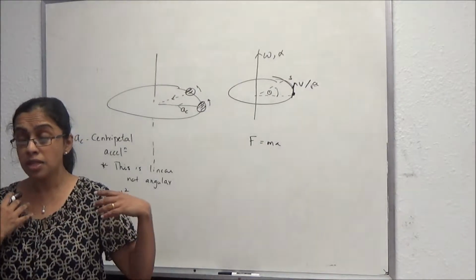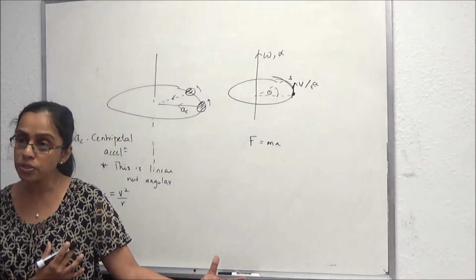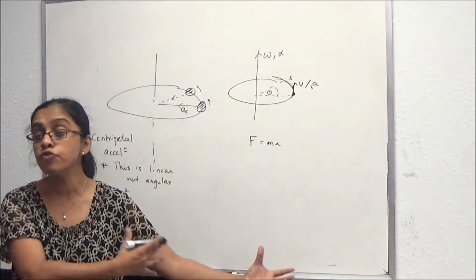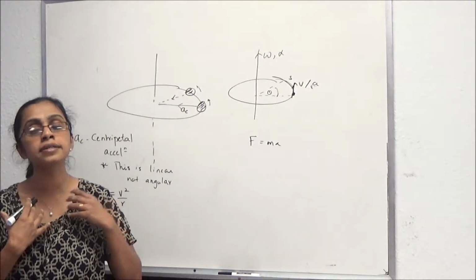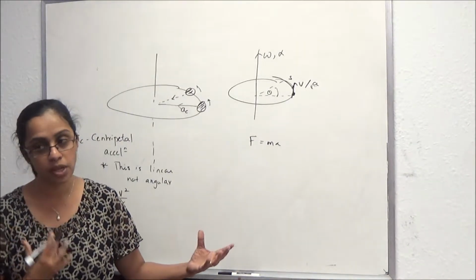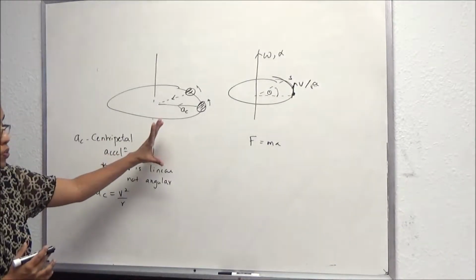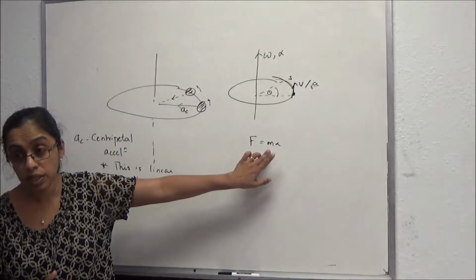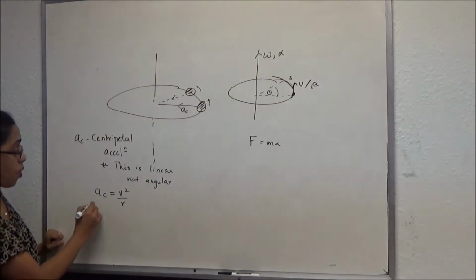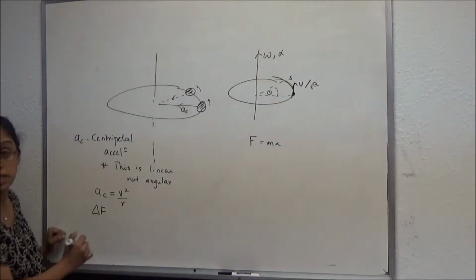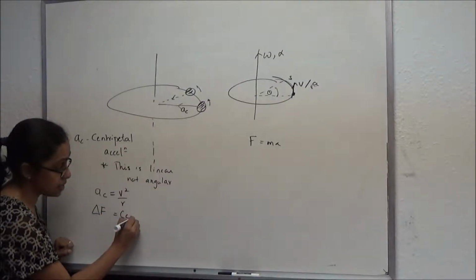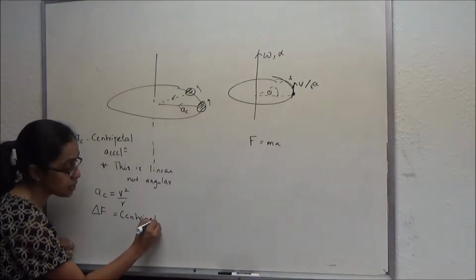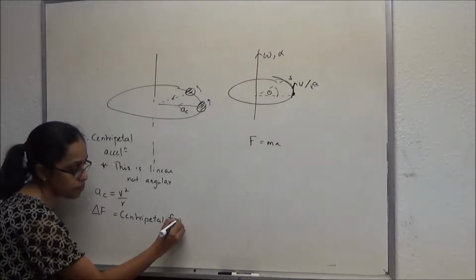It is being subjected to a certain force. That means there is a net force acting in that direction. So whatever that net force is, according to Newton's second law, is called centripetal force.